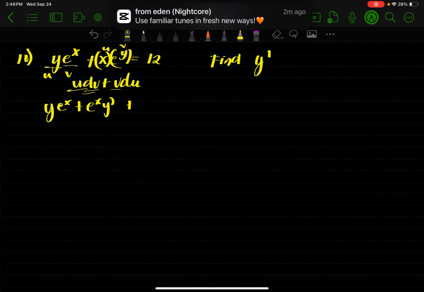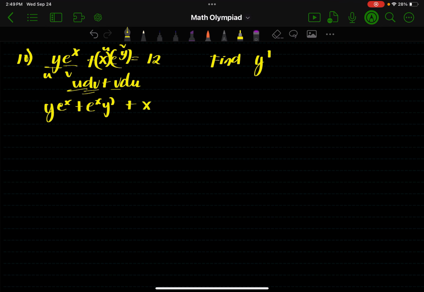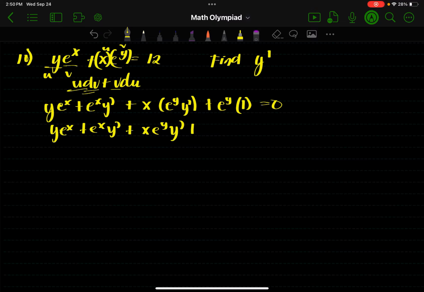Copy x times the derivative of v, e raised to y, y prime, plus copy v, e raised to y, times the derivative of u, which is 1, equals 0. The derivative of 12 is 0. Simplify. y e raised to x plus e raised to x y prime plus x e raised to y y prime plus e raised to y equals 0.